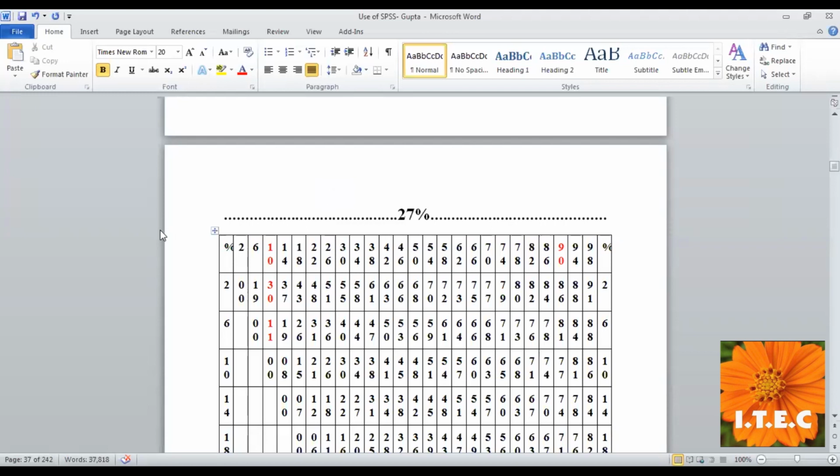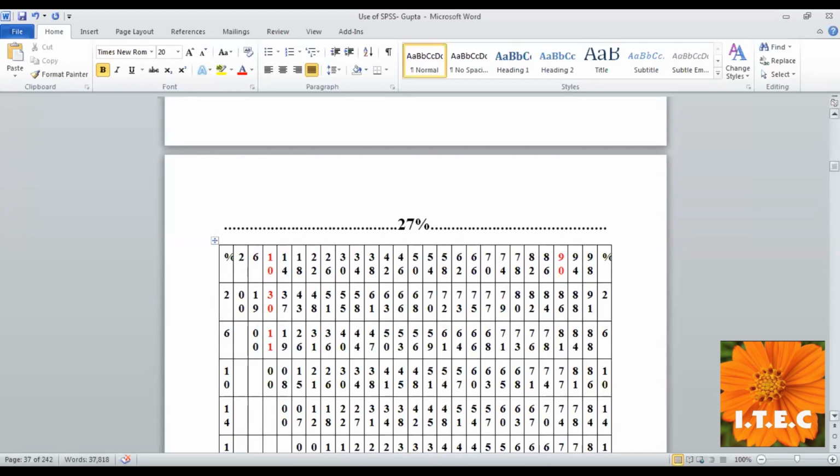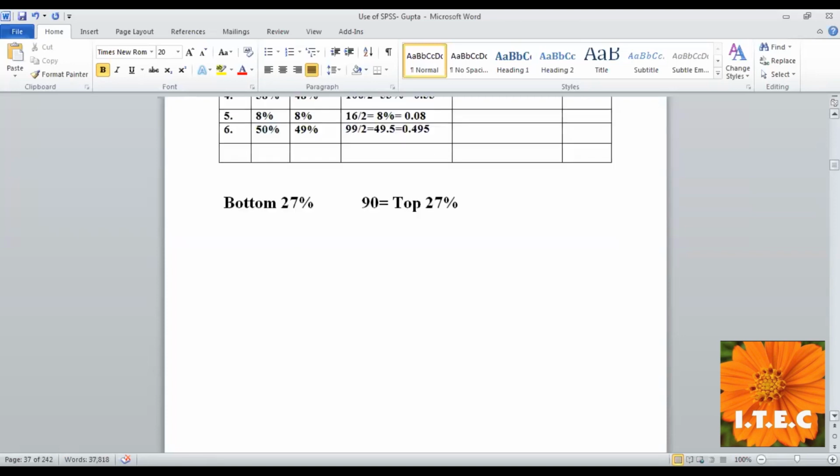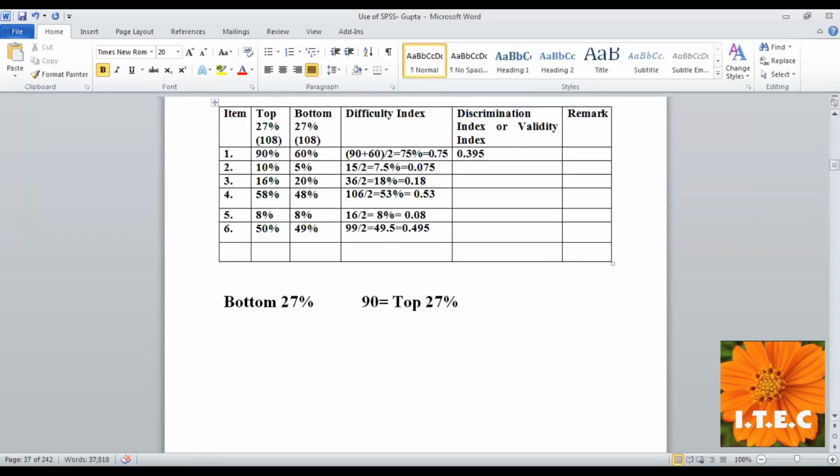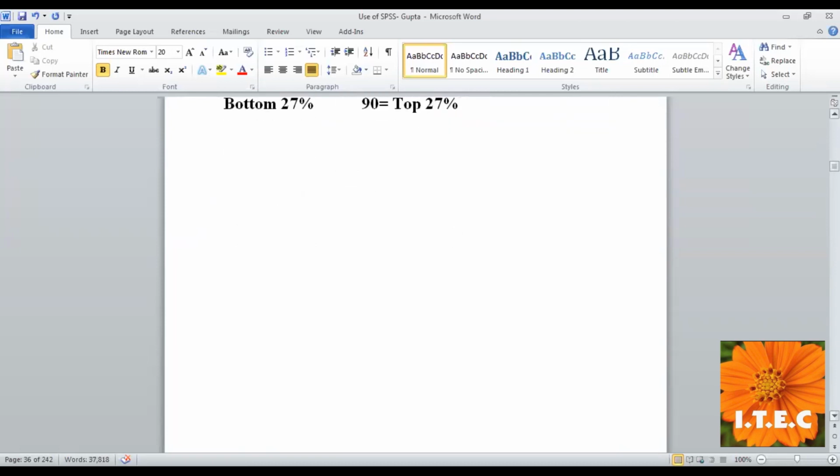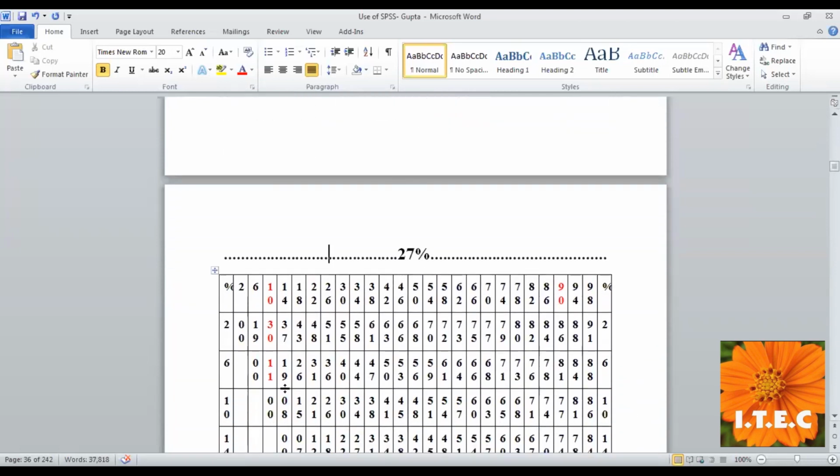I hope you have understood that from the top 10 and bottom 2, the value is 0.34, and top 10 and bottom 6, it is 0.11. Because I have to calculate for 5. Yes, it is 10 and 5. So the 5 will be here between 2 and 6. So now let us see.